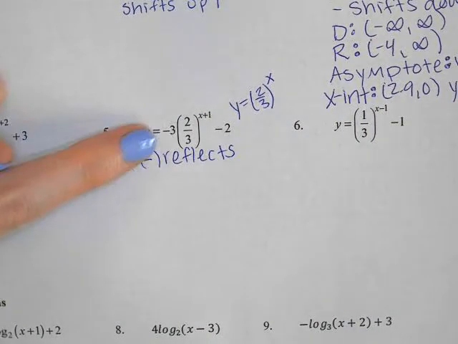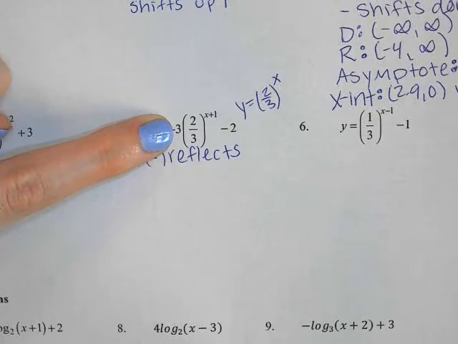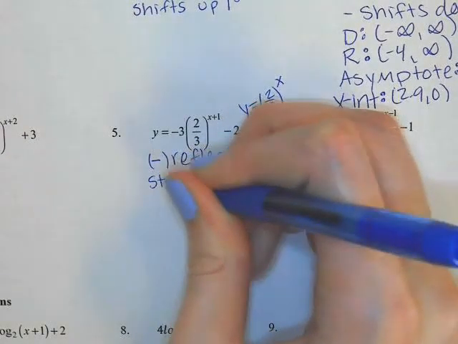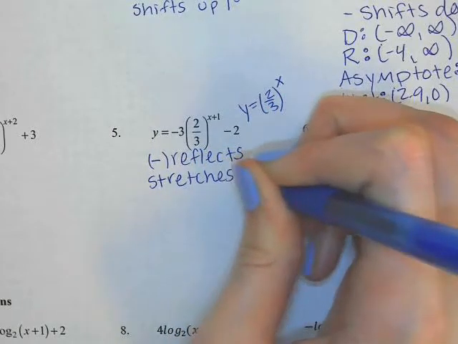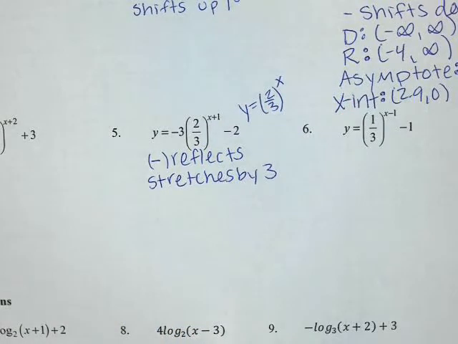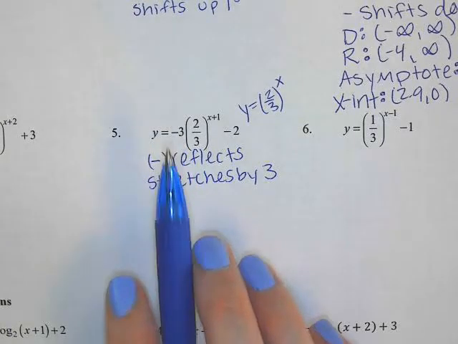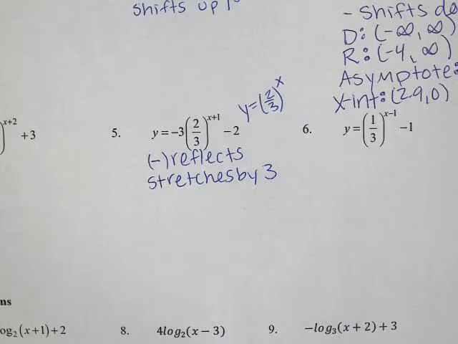If you ignore the negative, the 3 value is bigger than 1. So what you're doing is stretching by 3, but in the negative direction. Now, what if it said negative 1/2 instead of negative 3? It would reflect, but compress. Yes, then you would compress in the negative direction.